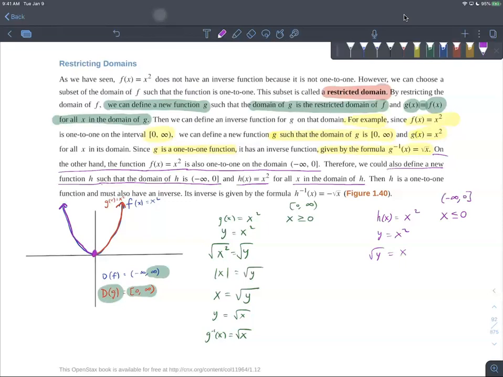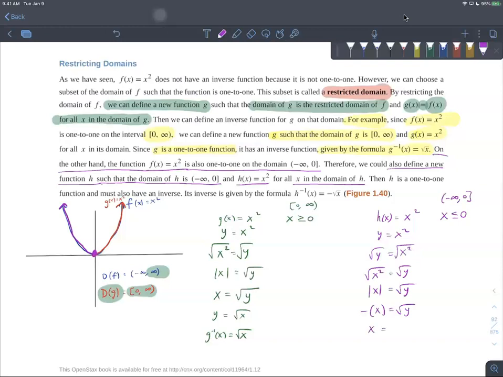And so if x is less than or equal to 0, the square root of x squared is equal to the square root of y. The square root of x squared is still the absolute value of x. But the absolute value of x, when x is less than or equal to 0, would be equal to negative x, which is equal to the square root of y.